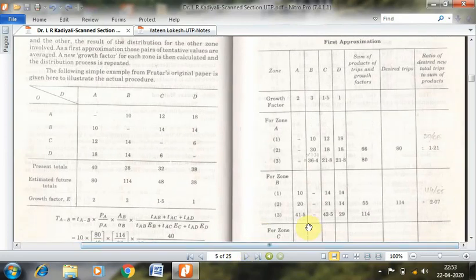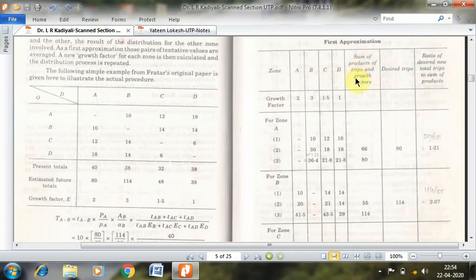Now to begin with the distribution, you will have to create a table somewhat like this. Now you need to pay attention to how the table needs to be framed. So the first column corresponds to the zone, second, third, fourth and fifth are each zones A, B, C and D, and then the next column would be the sum of products of trips and growth factors.